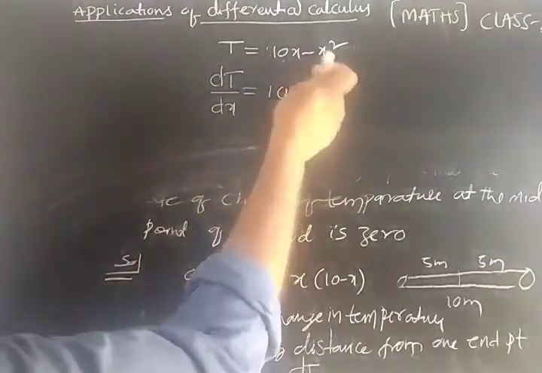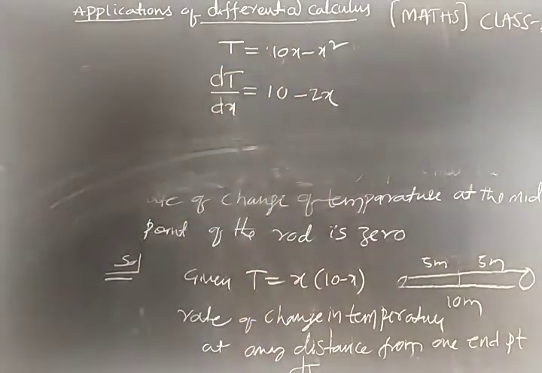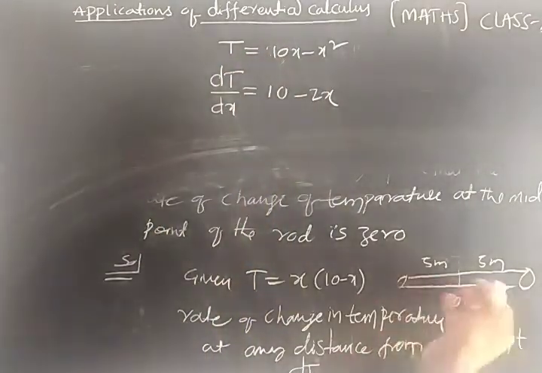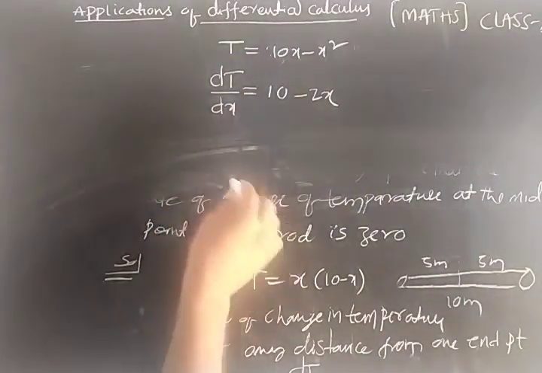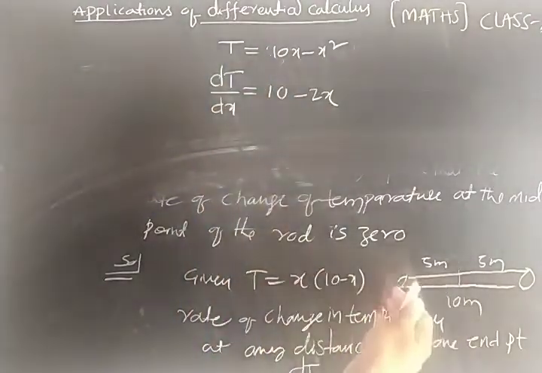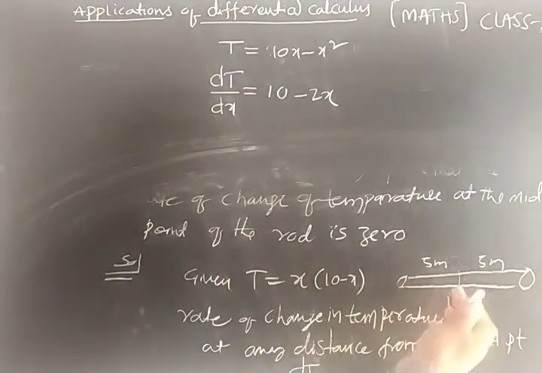Now this function will give the rate of change in temperature when the length of the rod changes. We are finding it at the midpoint of the rod.